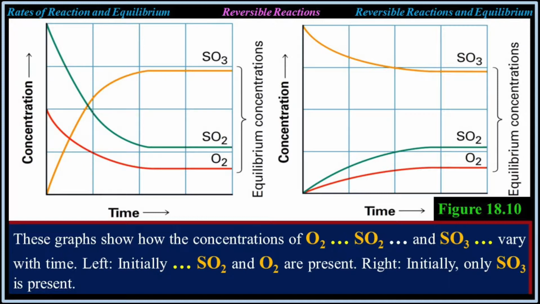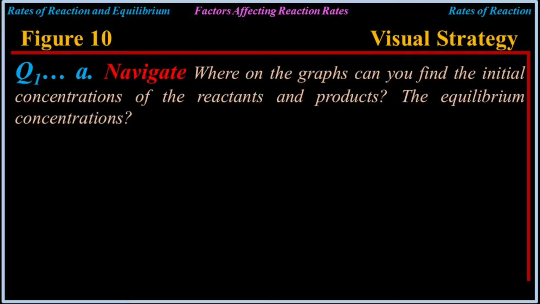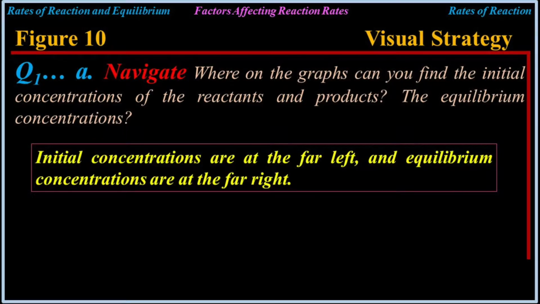Left, initially sulfur dioxide and oxygen are present. Right, initially only sulfur trioxide is present. Question 1, navigate. Where on the graphs can you find the initial concentration of the reactants and products, the equilibrium concentrations? Initial concentrations are at the far left, and equilibrium concentrations are at the far right.